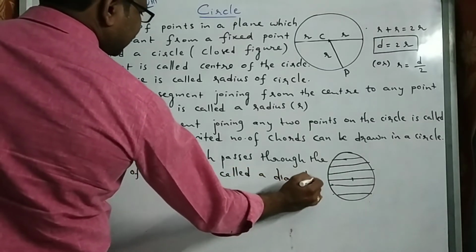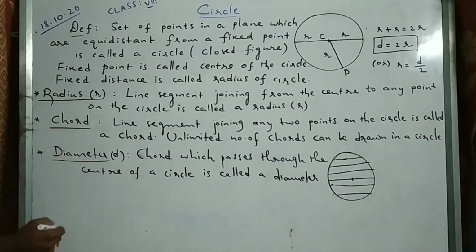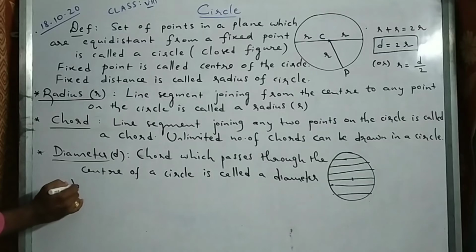Diameters also we can draw unlimited, right? Infinite number of diameters can be drawn, and that diameter is the longest chord in the circle.